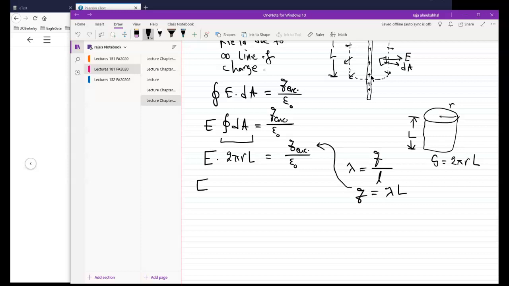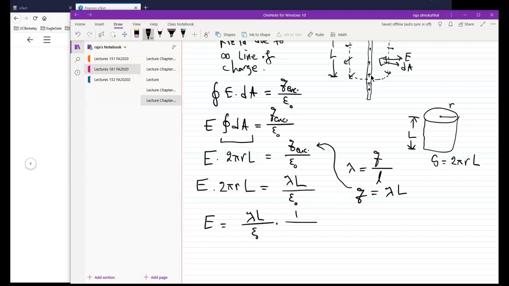So my expression here becomes E 2 pi r L equals lambda L over epsilon naught, and if I solve for E, it is equal to lambda L over epsilon naught times what?